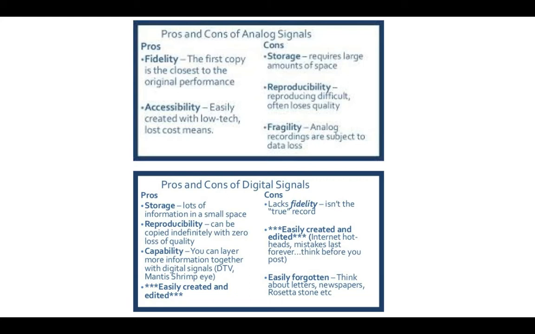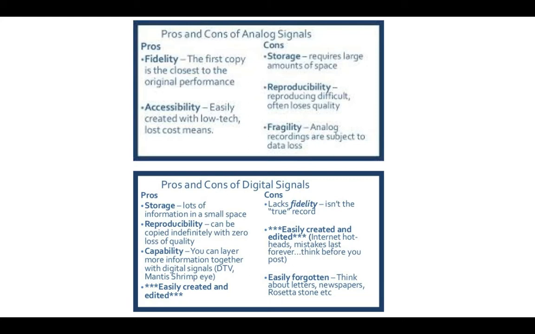We have some digital signals that we're communicating with. So if you and I are in person, that's an analog signal. This situation is a digital signal. So the pros of analog is the fidelity, right? Like it's the original signal.